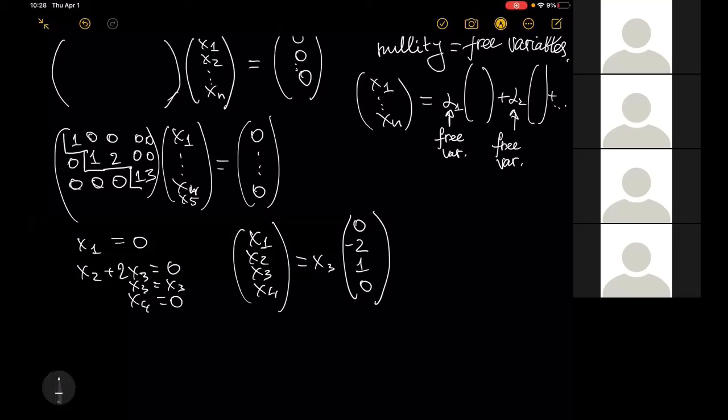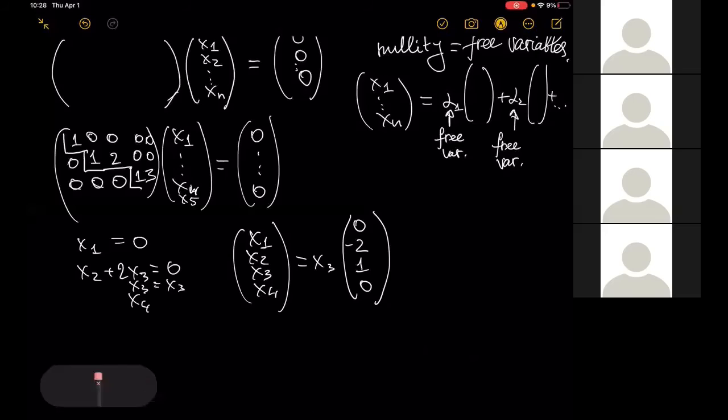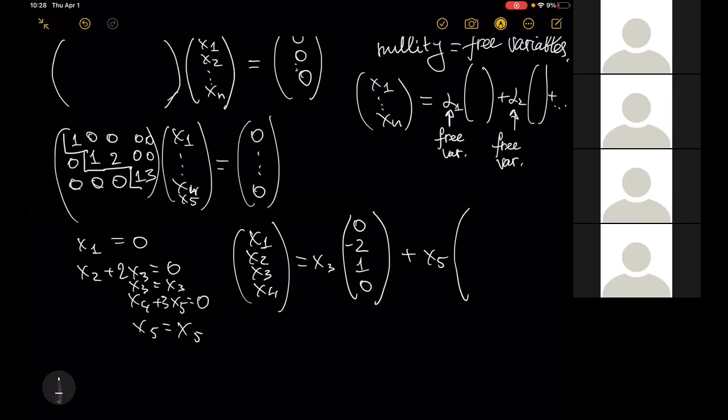It means that for x4, I would have plus 3x5 equals 0, and x5 equals x5. So then I would have 0, 0, 0, minus 3, 1, right? Okay, so then that means that the nullity for that one would be 2.